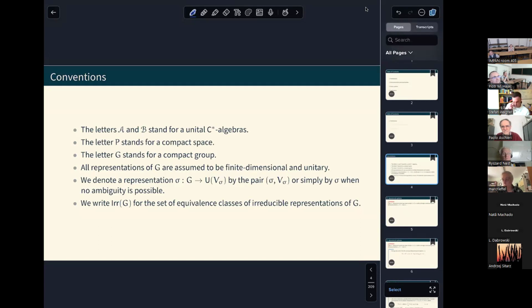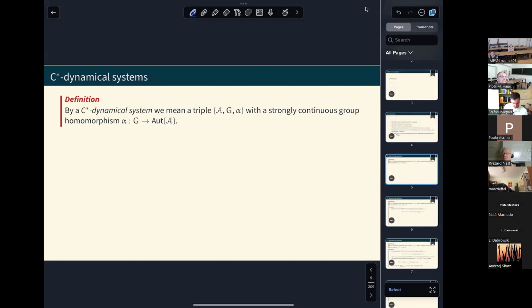All representations I consider are finite dimensional and unitary, and I usually write them as a pair: the representation and the representation space. And I write Ĝ for the set of equivalence classes of irreducible representations. All right. So what do I mean by a C-star dynamical system?